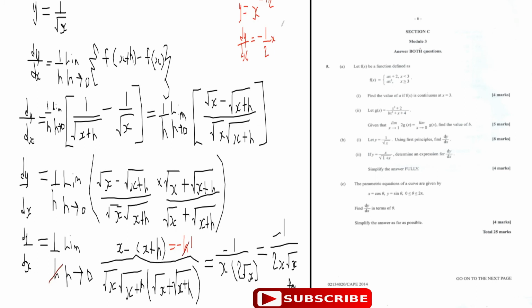And so what you'd realize is that dy by dx, x to the minus 3 over 2, is actually minus 1 over 2 times x cubed all square rooted. That can be simplified to minus 1 over 2 times the square root of x squared times the square root of x.